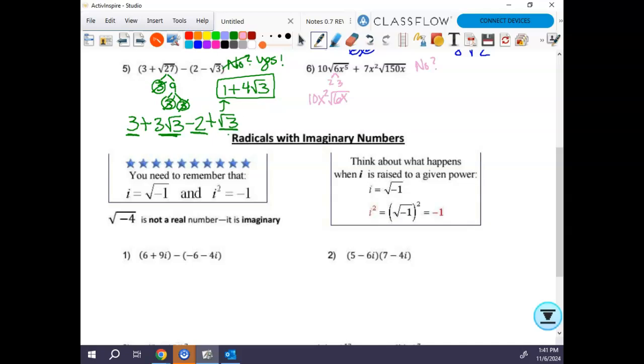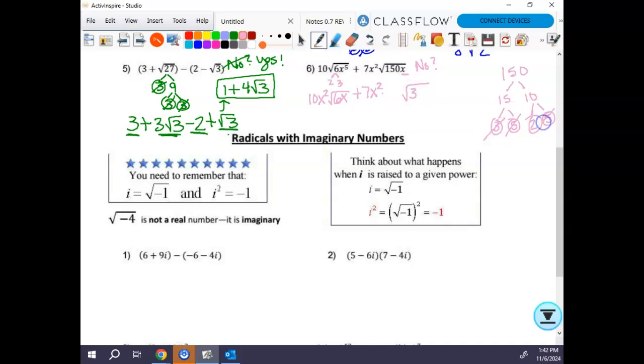Then I'm going to do the second part. So actually over here, the x has to stay inside, right? So I'll come over here and do the 150. And so I'm going to start with 15 and 10. Then that's 3 and 5. And that's 2 and 5. So then this is plus 7x squared times, well, the 3 has to stay inside because there's no pairs.